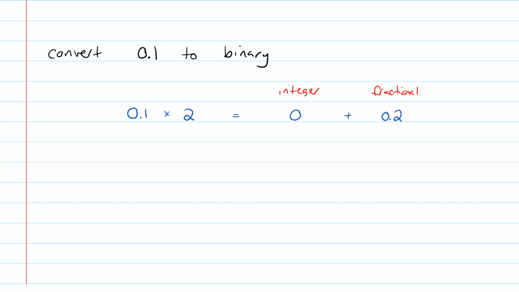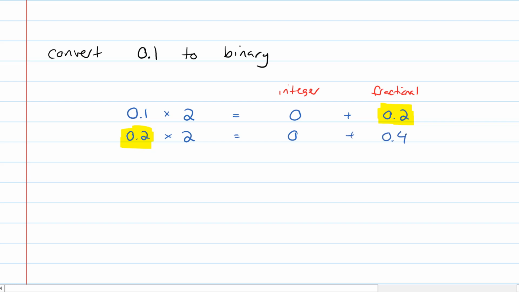Then we take the fractional part, or I guess this decimal part we can still call it, and we write it over here. And we say that 0.2 times 2, we continue to repeat multiplying by the base, gives us 0.4, so we're going to write that as 0 plus 0.4.